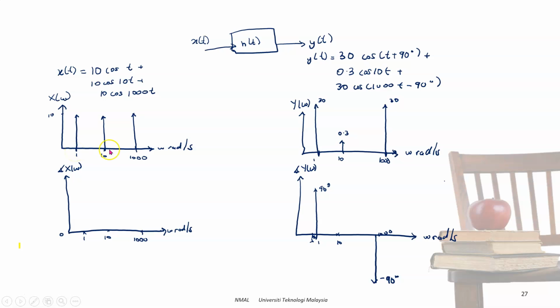At omega equal to 10, there is a gain by 0.03 because 10 multiplied by 0.03 is 0.3. And another one is at omega equal to 1000. Raised again by 3 because 10 multiplied by 3 is 30. Okay. And then for the phase, we can see that phase at 1 and 1000 is 90 and also negative 90 degrees. And at 10 is 0 degrees.